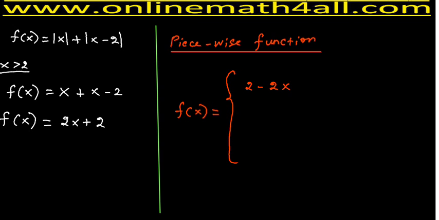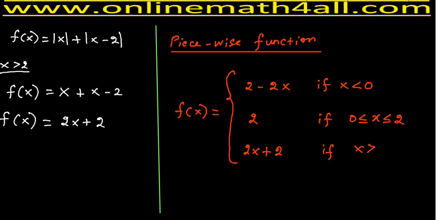So 2 negative 2x if x less than 0, and we get f of x is equal to 2 if 0 less than or equal to x less than or equal to 2, and we get 2x positive 2 if x greater than 2.